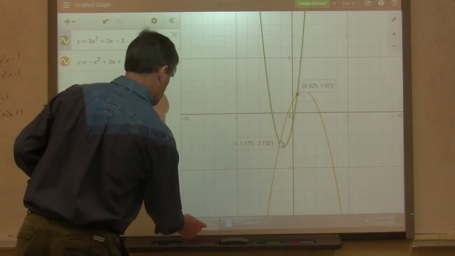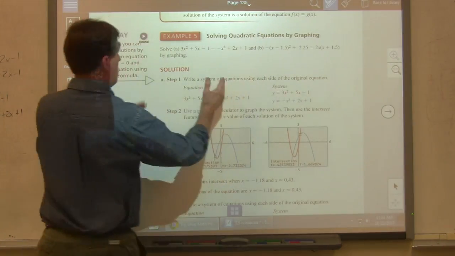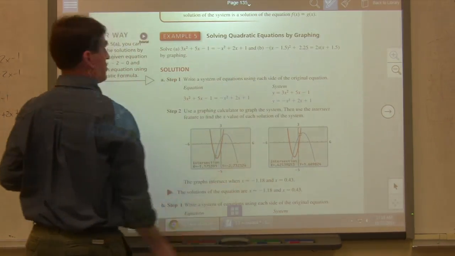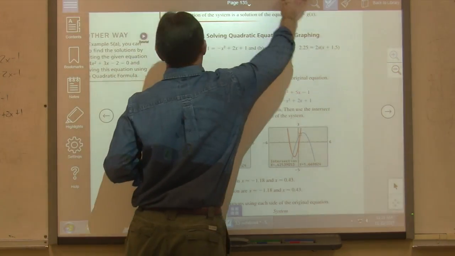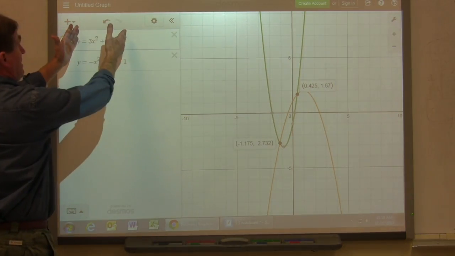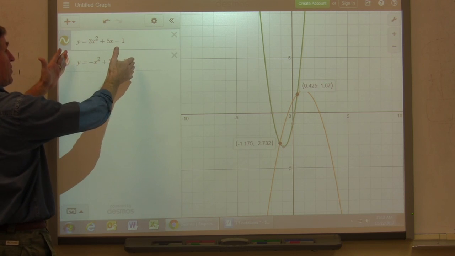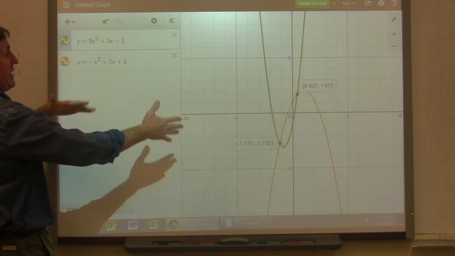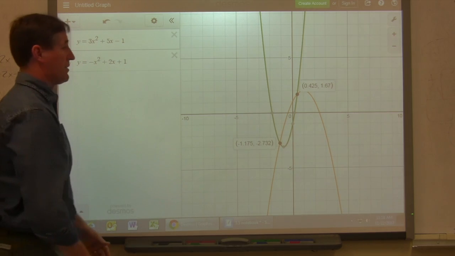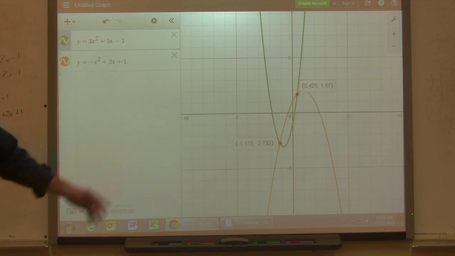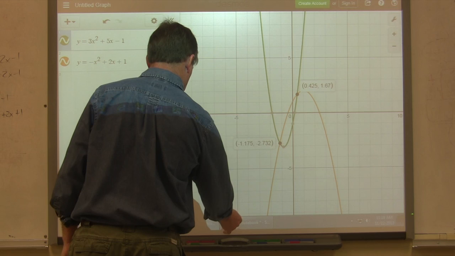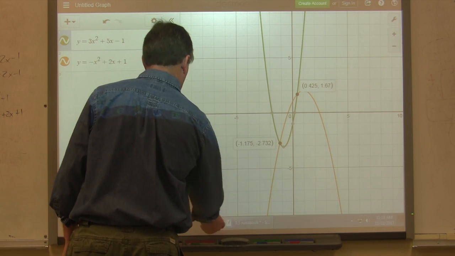As you saw on this, we had one side equal to the other, so we just wrote on the Desmos, we put the left side, y equals that, and another equation is y equals the right side, graph them, and write down the intersection points. So pretty easy to do, not going to take a lot of time. So let's have you try one.